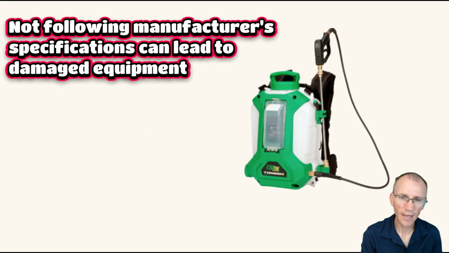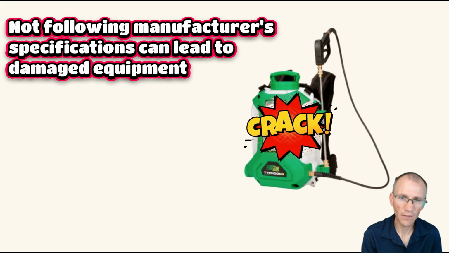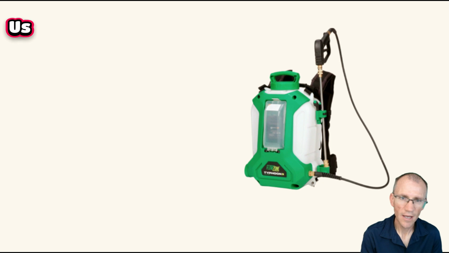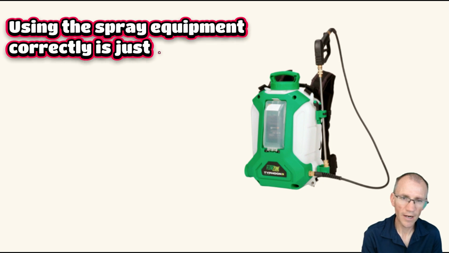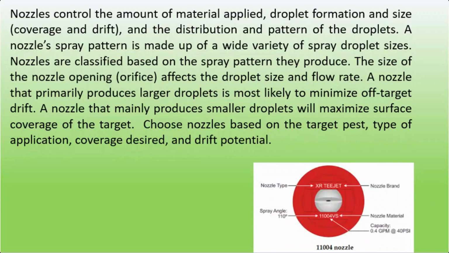In addition to that, you can damage the equipment if you operate it outside of these manufacturer specifications. So I want you to understand the spray equipment is just as important as the pesticide and the label, in as much as you need to do the things you need to do with the sprayer as well as the pesticide itself and what the label calls for to be within the tolerance of the law.